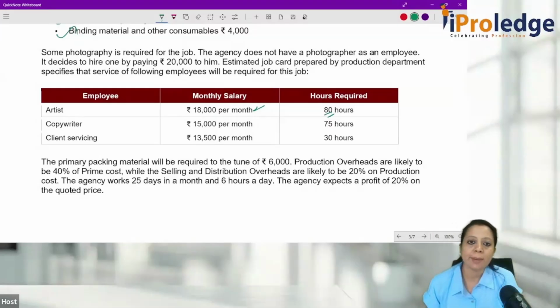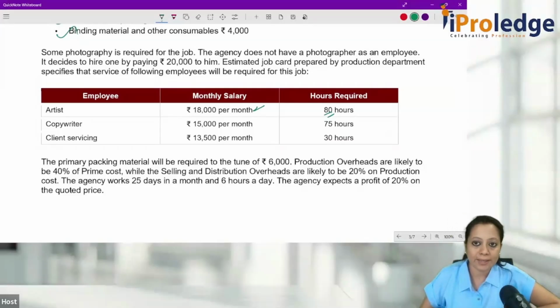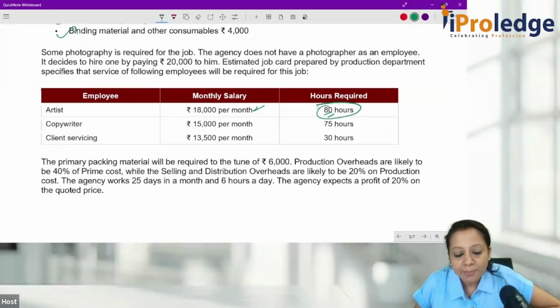Will I use him only for the CMA course in our institute? No. I will use him for CMA US also, CA also, all courses. That means when I'm computing the job for CMA, say for example, I'm saying 80 hours are only required for CMA, but totally I'm paying him 18,000.